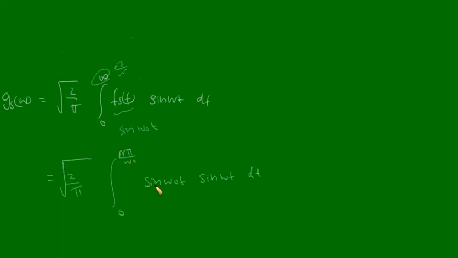Now in the integral we have the form sin A sin B. We know that sin A sin B is equivalent to half of cos(A−B) minus cos(A+B).